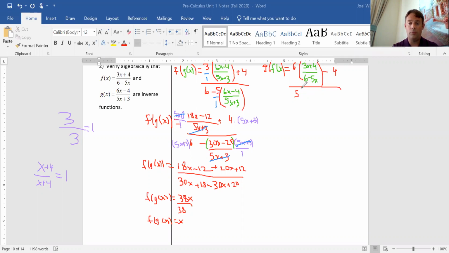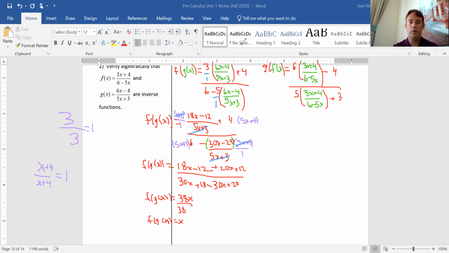Take your time here because it's real easy, just like you saw where I mixed up a minus and a plus. It's real easy to get your signs wrong. Cannot get our signs wrong. So we're plugging our f of x function into all the x's of g of x.